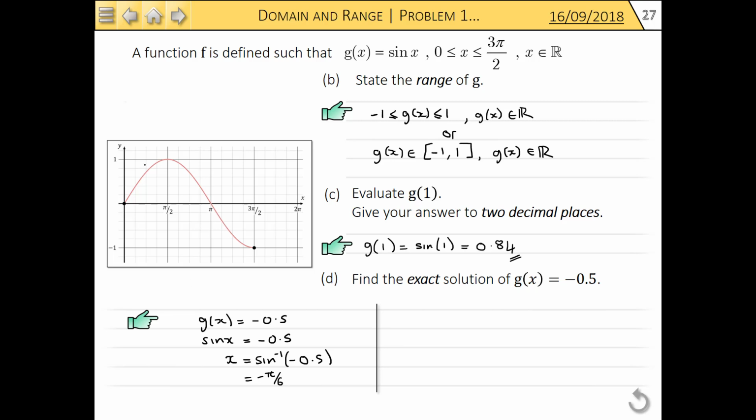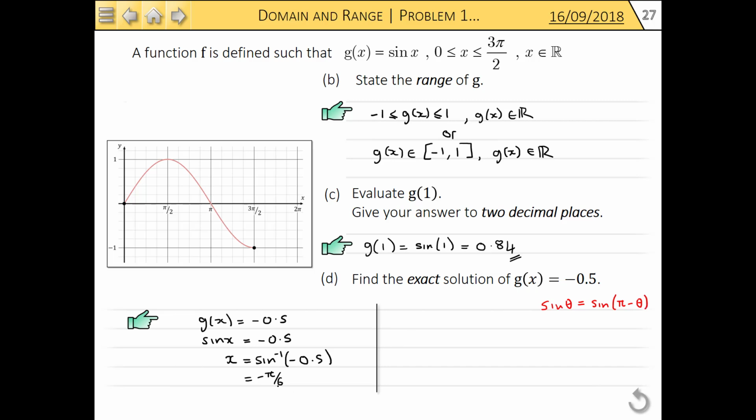Okay, but if we look at our function here, remember our domain is between 0 and 3 pi over 2, so this value actually isn't valid. Remember, with trigonometric functions we can get more than one solution by considering symmetry properties and periodic properties of the curve. So in this case, as minus pi over 6 is somewhere over here, the rule for getting a second solution with sine is that sine of my angle is equal to sine of pi minus my angle.